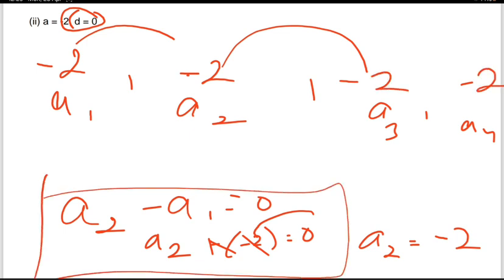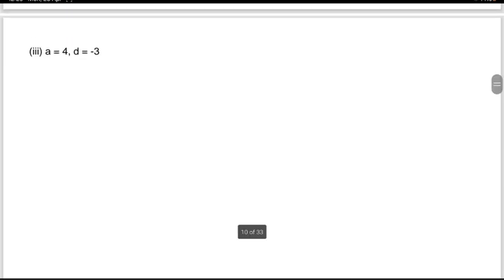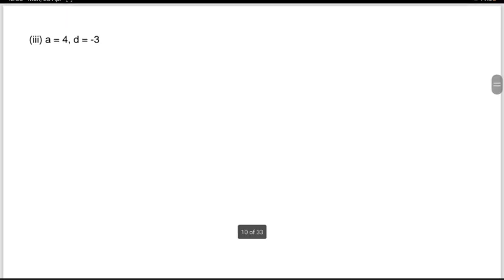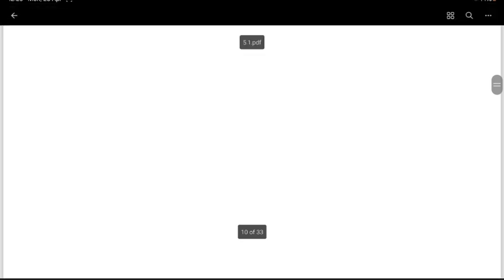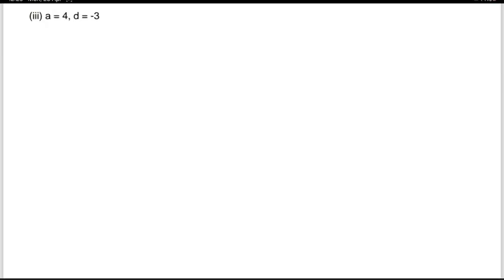So let's go to the third one. Third question, first term here is 4 and the common difference is minus 3. So let's write. First term is 4, and A2, A3 and A4.